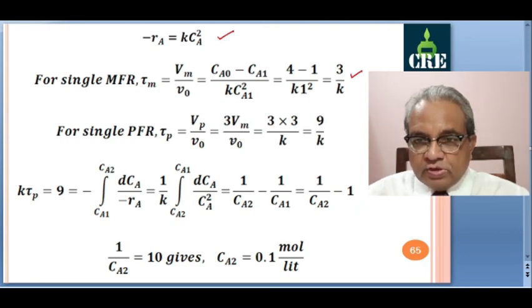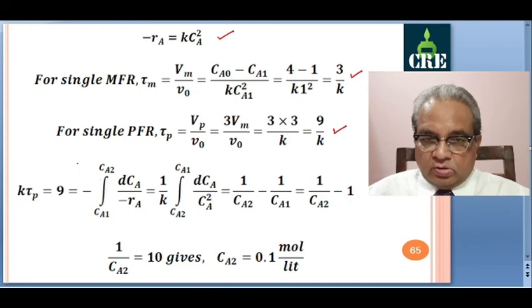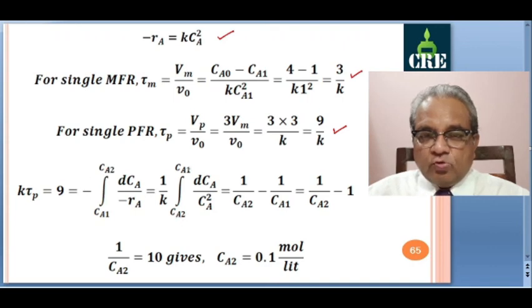So Vm by V0 is 3 by K, and 3 times that gives 9 by K. For the PFR, because the volume is 3 times, if you use the plug flow reactor model, K tau p will be 9, and that is equal to the integral of dCa by minus Ra from Ca1 to Ca2. If I make this sign plus, I can reverse the order of integration, Ca2 to Ca1.